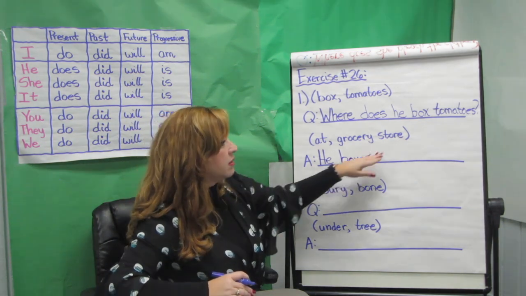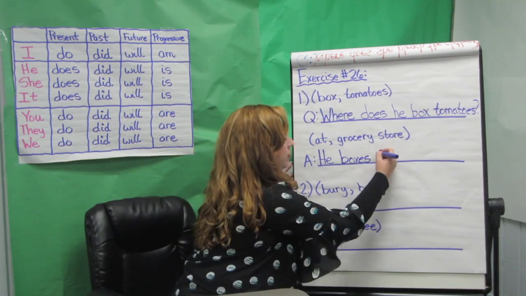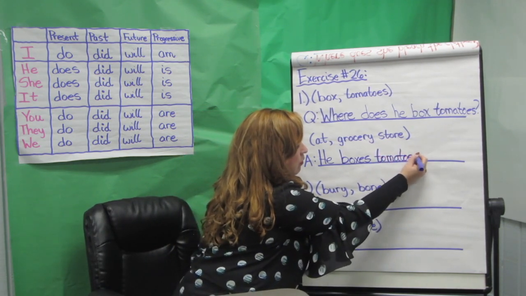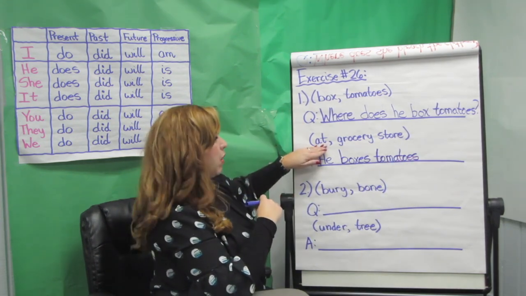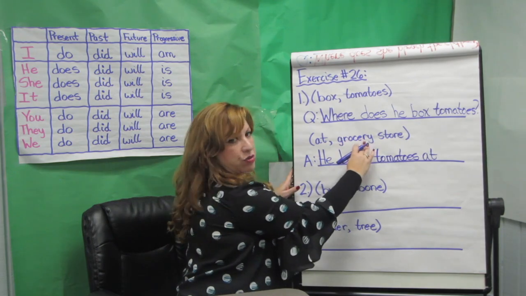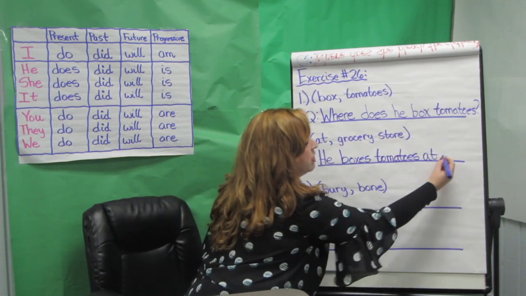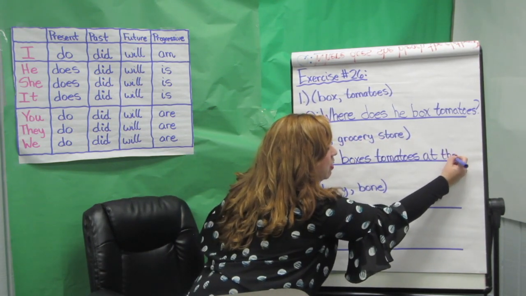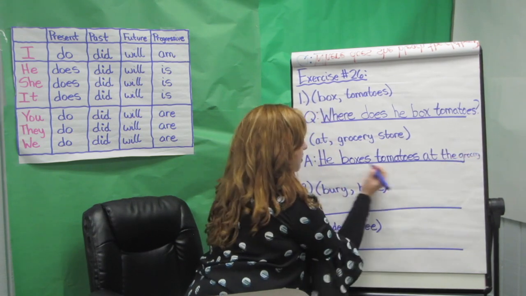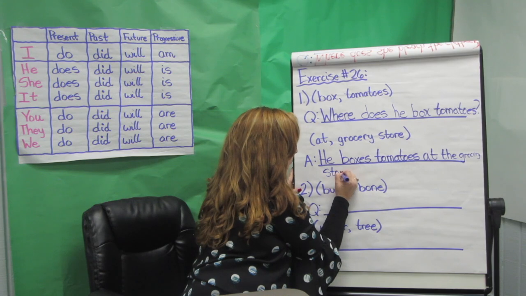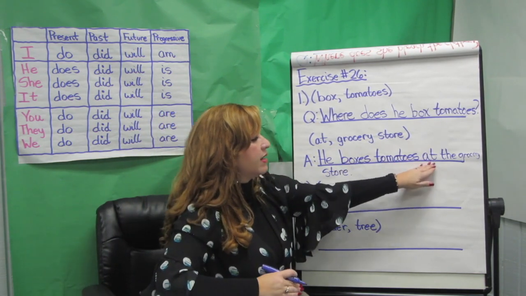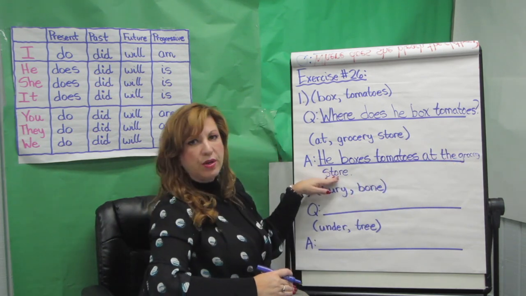He boxes tomatoes. At is the preposition we're using. At the grocery store is the object of the preposition. He boxes tomatoes at the grocery store.